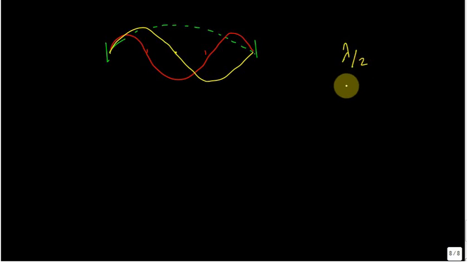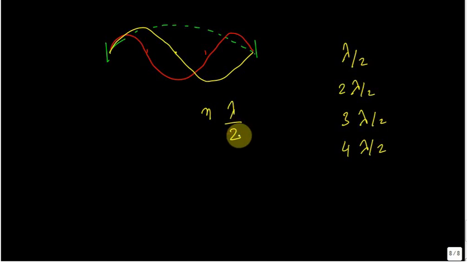So lambda by 2, 2 lambda by 2, I think instead of this being 4 times, it should have been 3 times. 4 lambda by 2. So essentially what I can fit in is n times lambda by 2 to make a standing wave over there. This n being an integer.